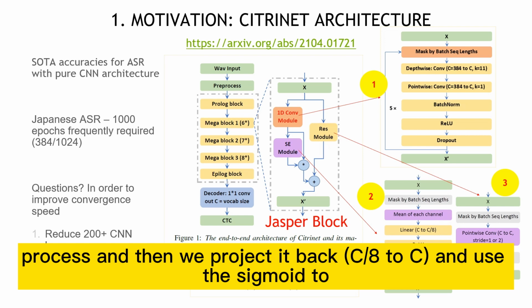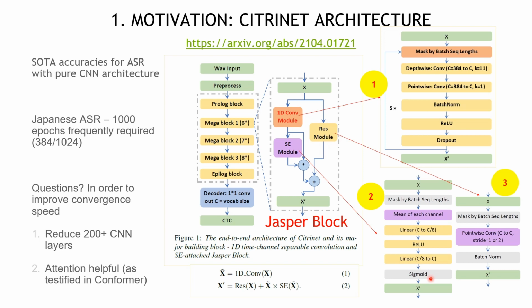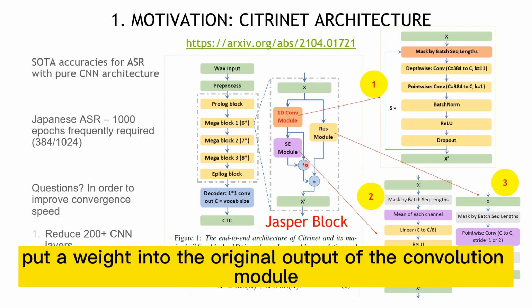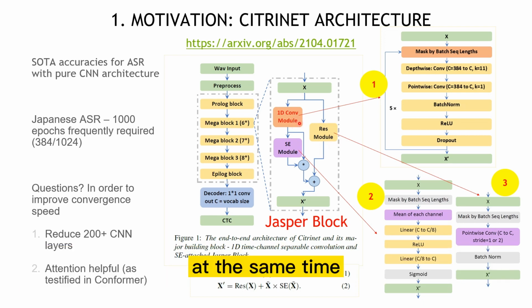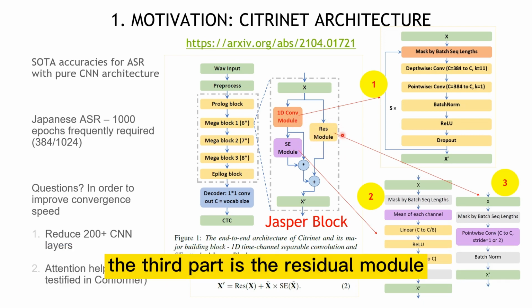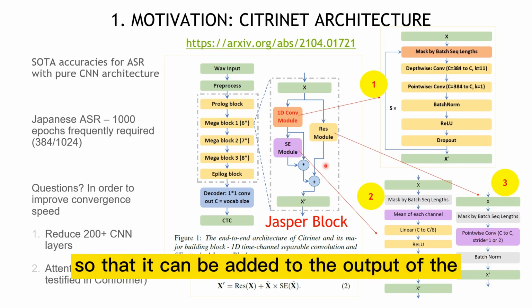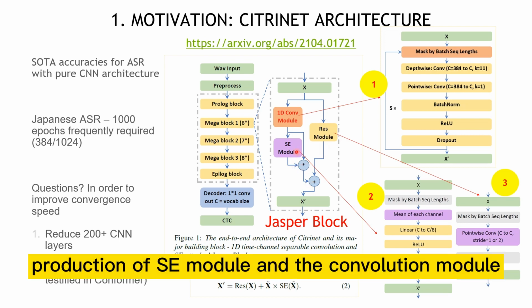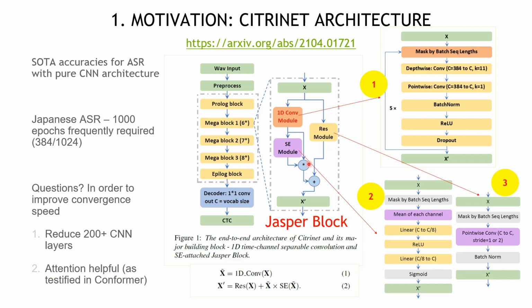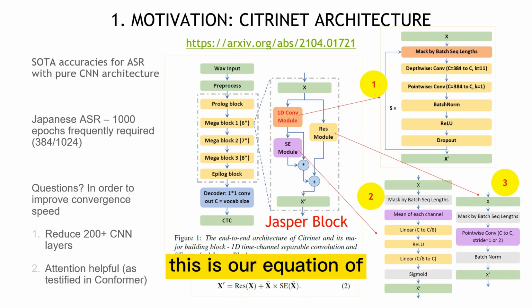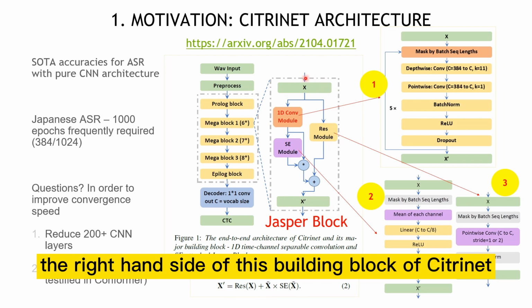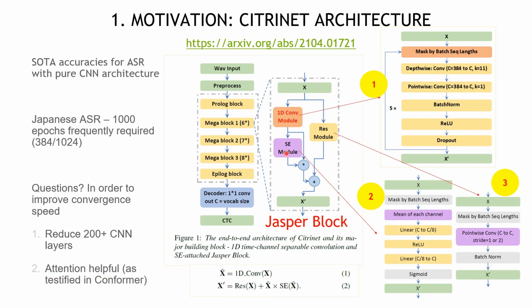And then we project back and use the sigmoid to put a weight into the original output of the convolution module. At the same time, the third part is the residual module, which includes a pointwise convolution, so that it can be added to the output of the production of SE module and the convolution module. So this is the equation of the right-hand side of this building block of Citrinet.